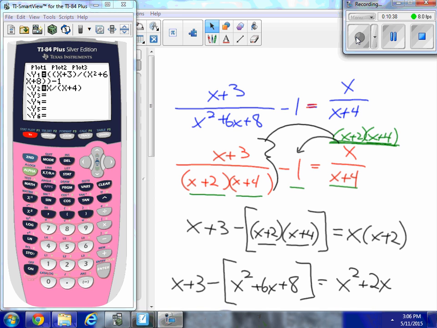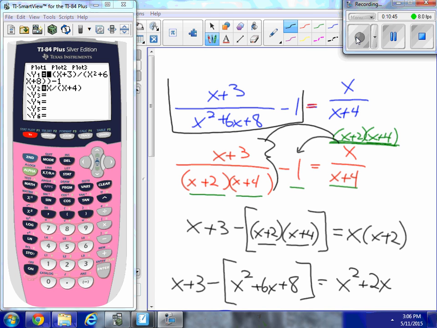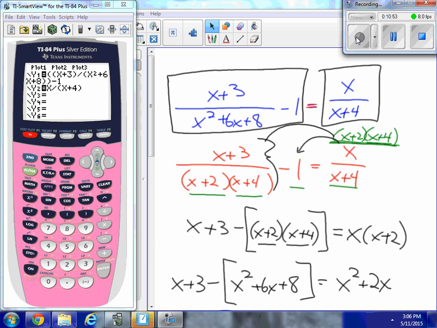What I've done is I've entered this half of the equation as my y1 and this half of the equation as my y2. You might want to pause for a second just to see how I did it. I'm in classic mode, not in math print mode. But you have to see how I use the parentheses. So make sure that you know how to use the parentheses properly and set it up so that it's right.